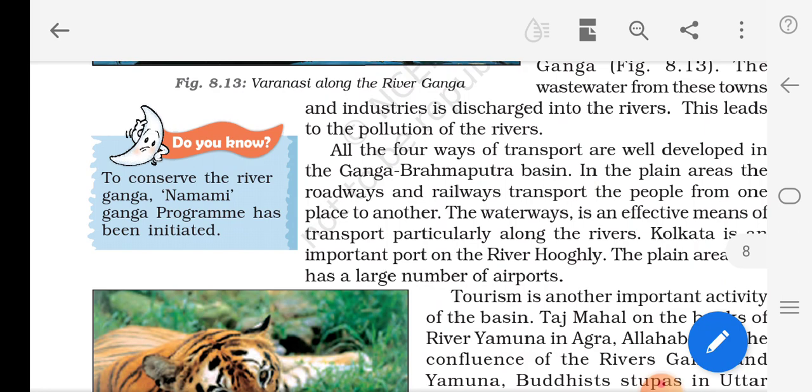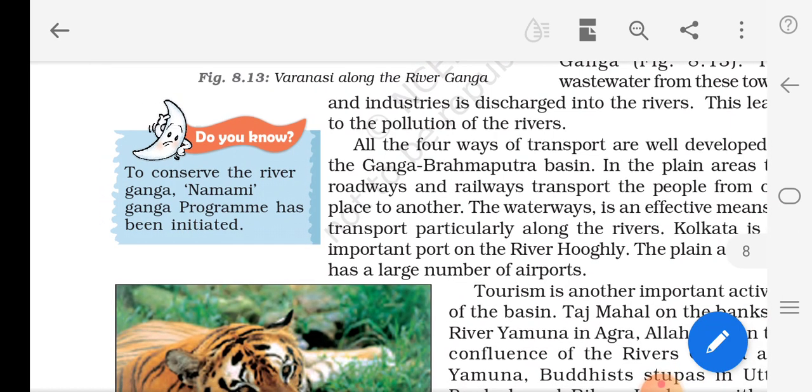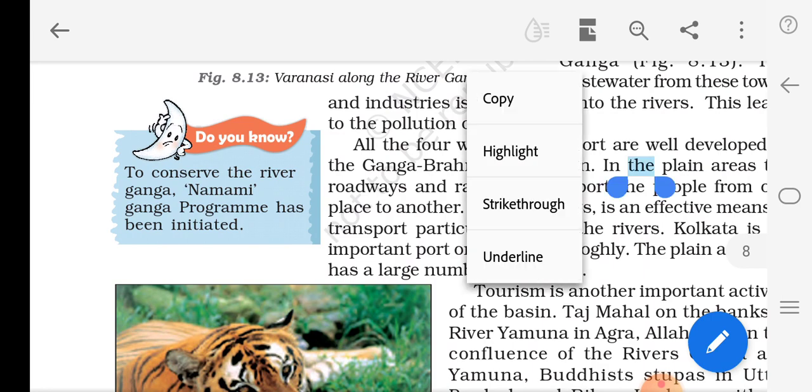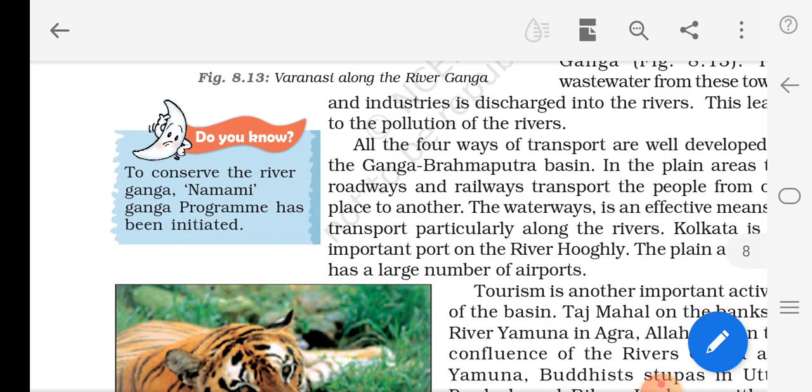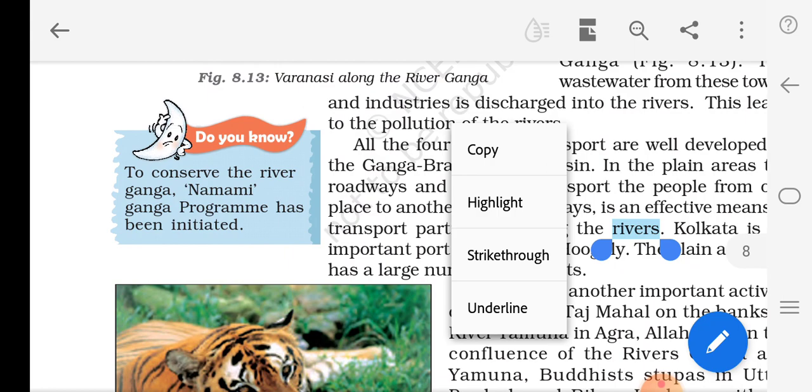And see, there is a program called Namami Gange. It was started to conserve the river Ganga. To conserve the river Ganga, the Namami Gange program has been initiated. Let's know about it. Namami Gange is an integrated conservation mission approved as a flagship program by the Union government in June 2014 with a budget outlay of rupees how much? 20,000 crores, started by Prime Minister Shri Narendra Modi.